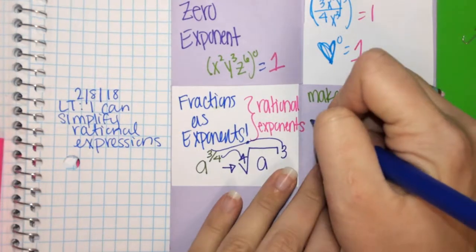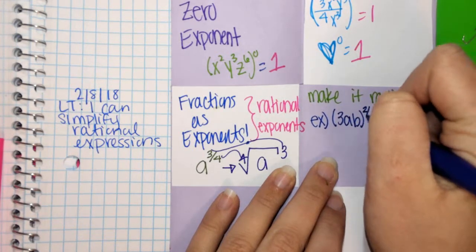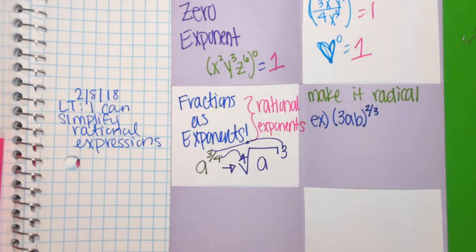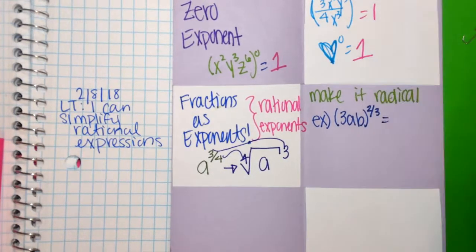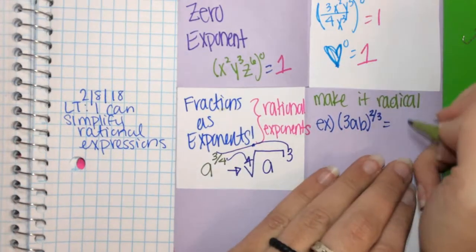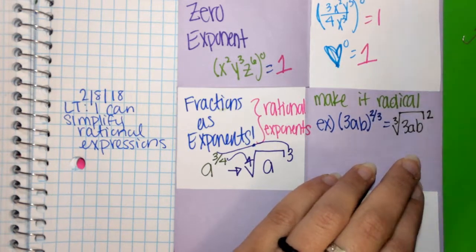Which means if I give you 3ab to the 2/3 power, everything in these parentheses is to this exponent, which means that you turn it into the cubed root of 3ab squared.